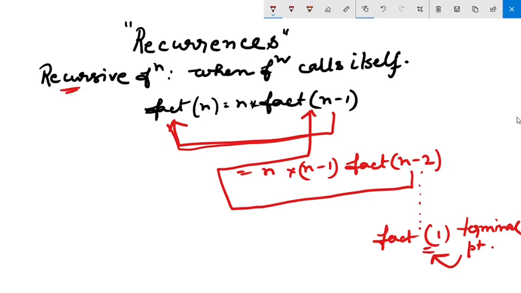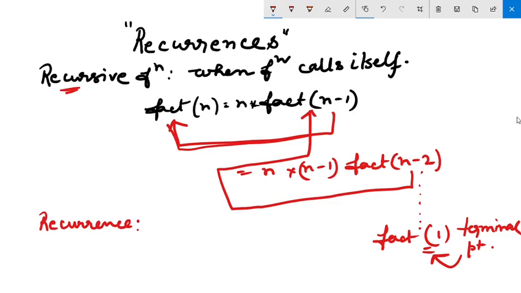When an algorithm contains recursive calls to itself, its running time can often be described as a recurrence. So, the recurrence definition: what is a recurrence?